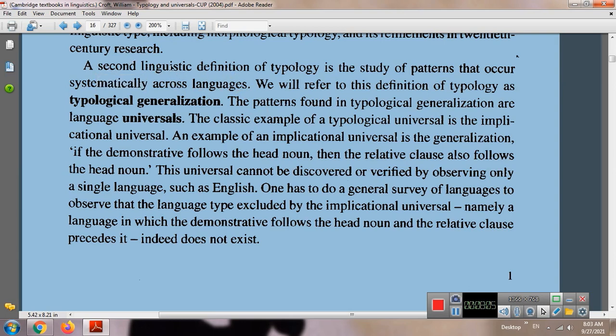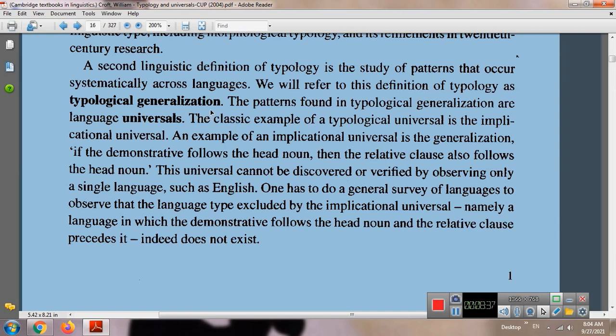A second linguistic definition, dear students, is the linguistic definition of typology, not the common definition of typology. The linguistic definition of typology is the study of patterns that occur systematically across languages. The patterns found in typological generalization are language universals. You should know all of them.